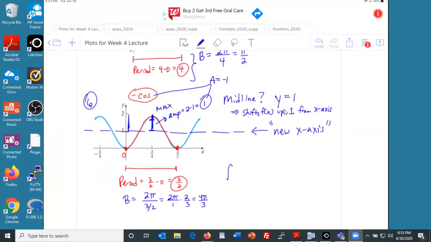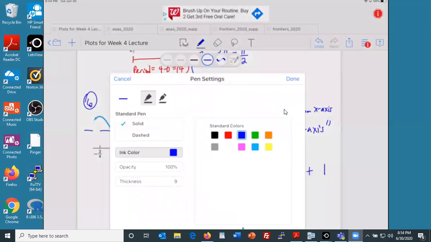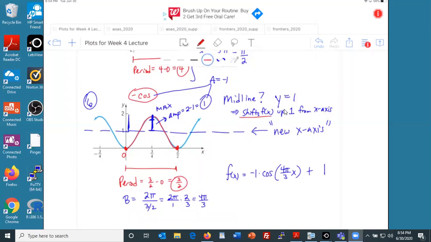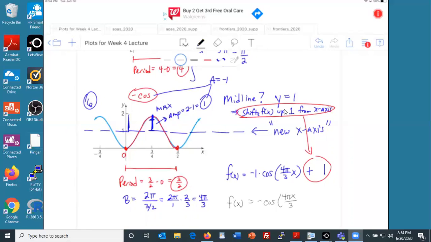So therefore, my function f of x will be, remember a is negative 1 times, it's a cosine function of bx, so 4 pi over 3 x plus 1. So the midline is what that 1 is there. So this is reflected right there. And therefore, my final equation is f of x equals negative cosine of 4 pi x over 3 plus 1.